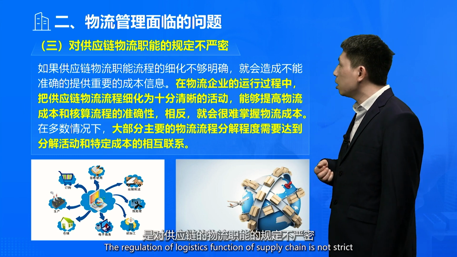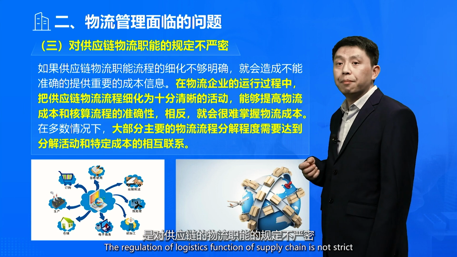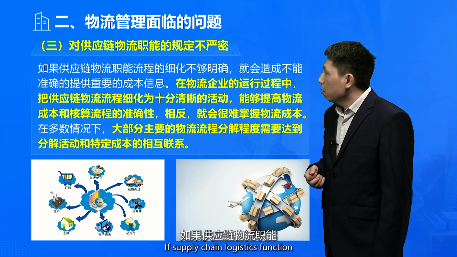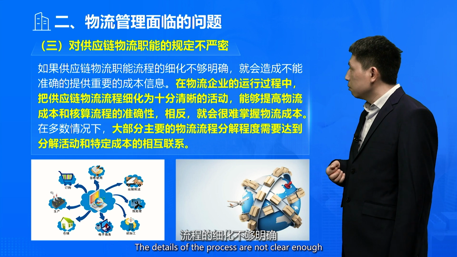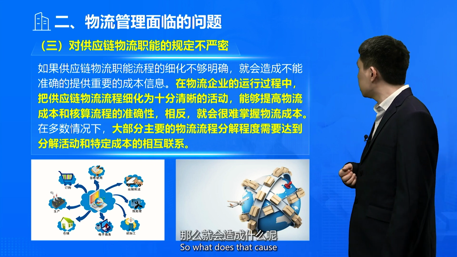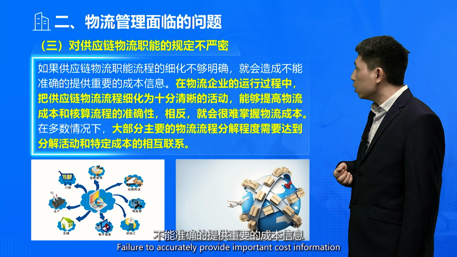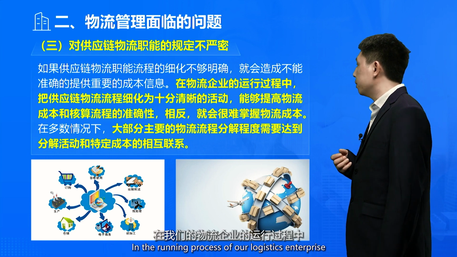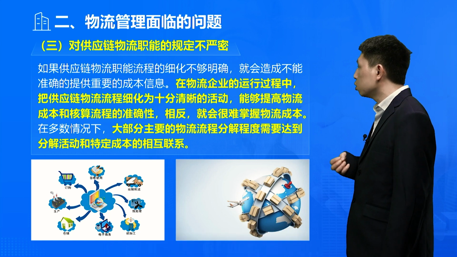The regulation of the logistics function of the supply chain is not strict. If the supply chain logistics function and the details of the process are not clear enough, so what does that cause? Failure to accurately provide important cost information in the running process of our logistics enterprise.